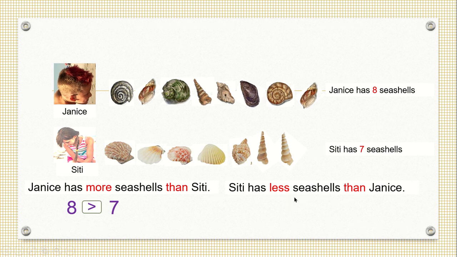Okay? So it means that Siti has smaller number of seashells than Janice. So we say that 7 is less than 8. 7 is less than 8. Okay?